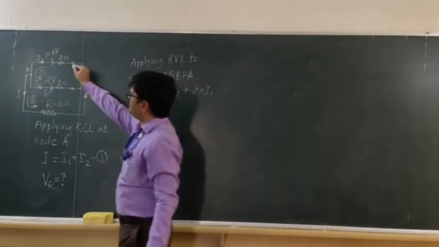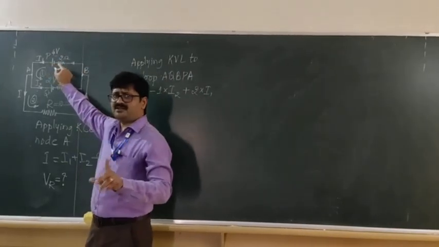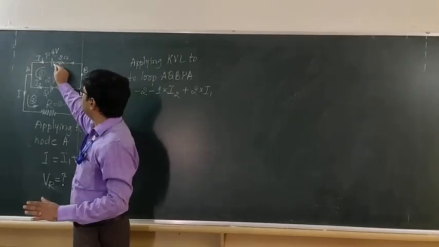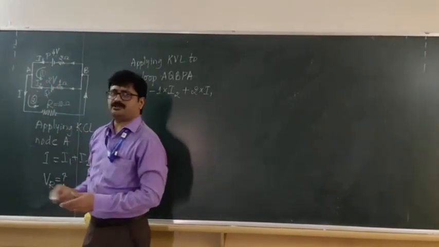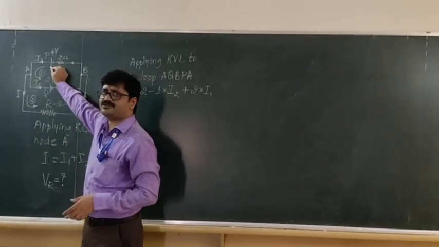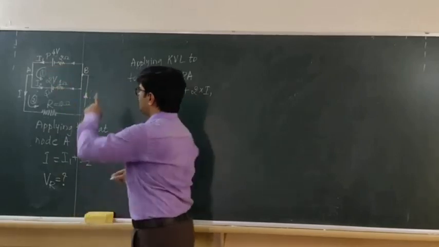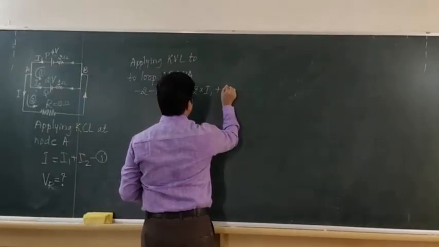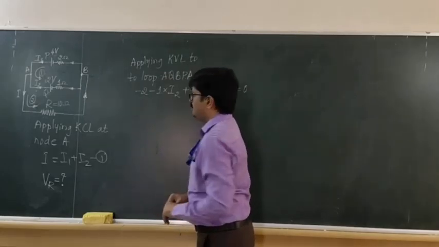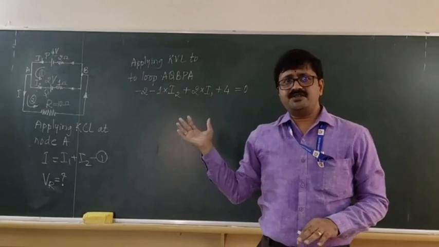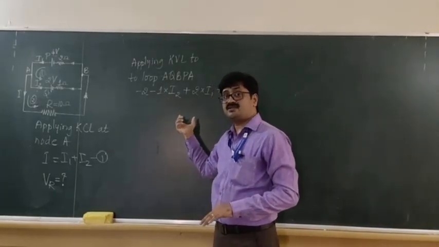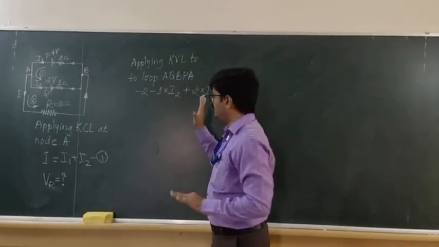Then again we have a cell here, and through the cell I am moving along the direction of traverse from negative terminal to positive terminal, because if you are moving from B to A, first you will get the negative terminal, next the positive terminal. EMF should be positive here, so I will take this as plus 4 is equal to 0. So, the algebraic sum of EMFs and potential differences across the resistances is equal to 0. That we have done.